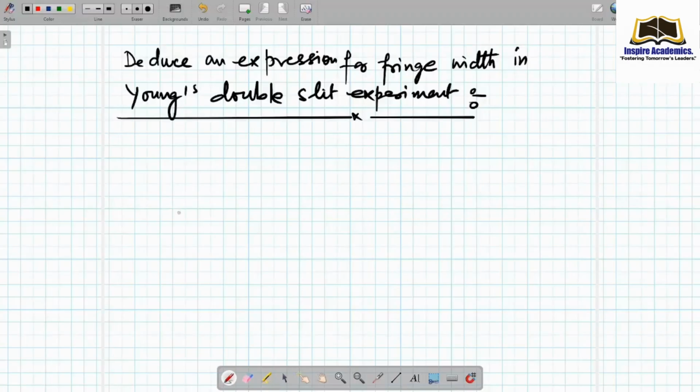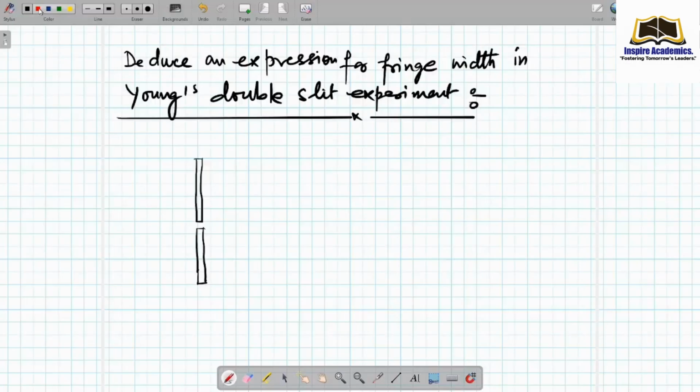So what Young did was take a cardboard, something like that, and there was a hole in this cardboard like this, and then there is a bulb here, we can call it a source.